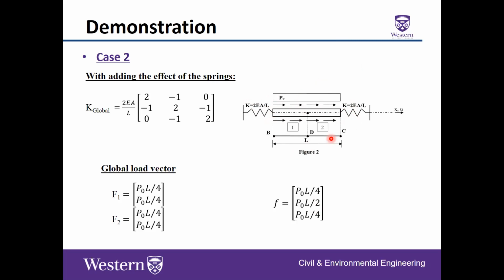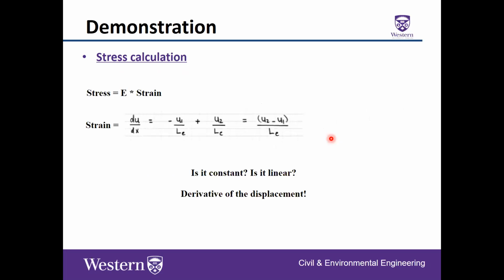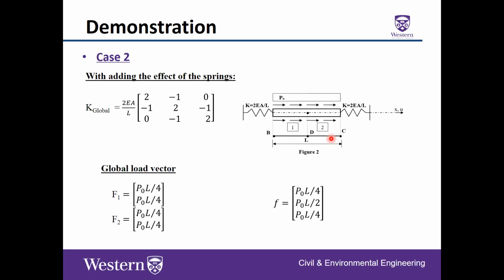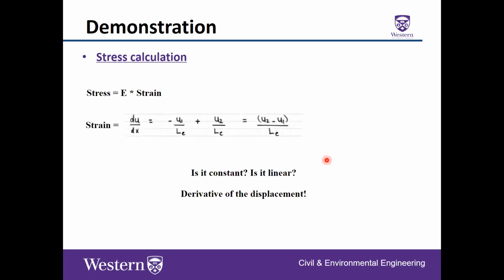All right, so that's the first problem. You will be asked to analyze that. And what if I asked you guys to calculate the stresses acting on element 1 and element 2? What will you do? If you go back to the course notes that Dr. Ayman posted already on OWL, you will see that there is a strain equation written within the formulation of the stiffness matrix.